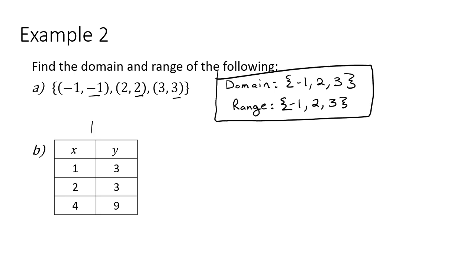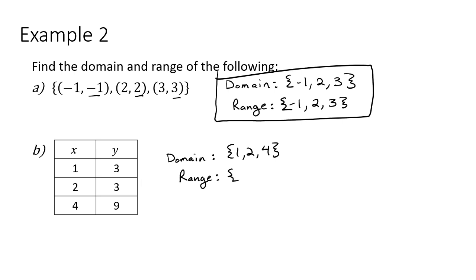So try pausing the video here and see if you can find the domain and range for the function in part B. So the domain, set of all x values, which in this case is 1, 2, and 4. The range is the set of all y values, and we don't list repeats.